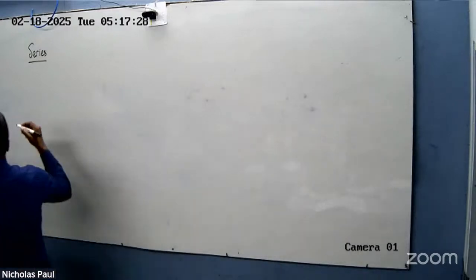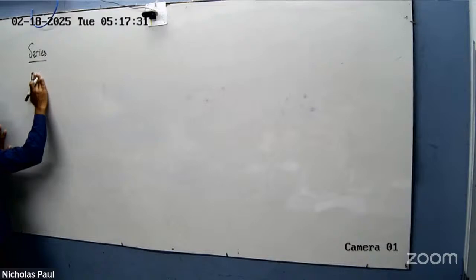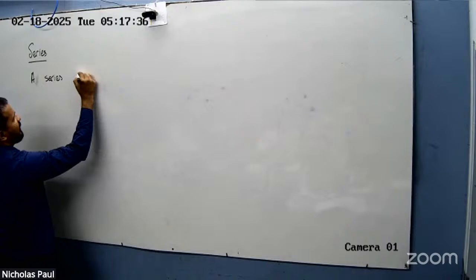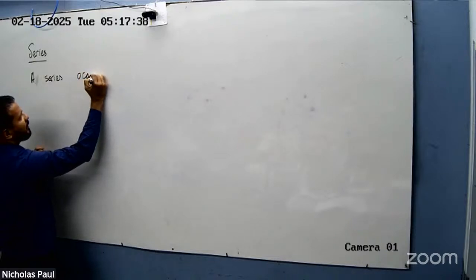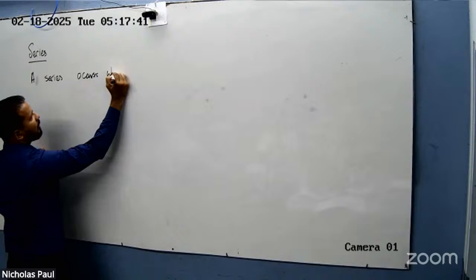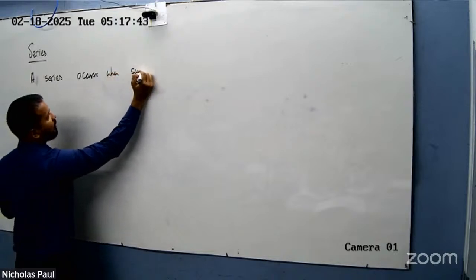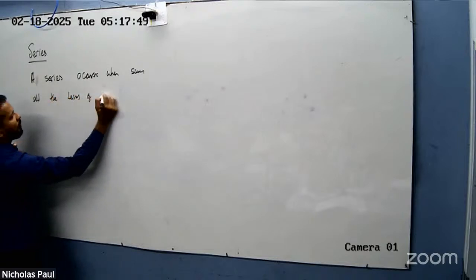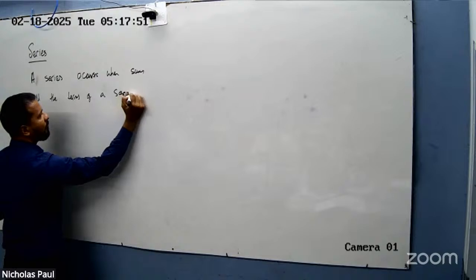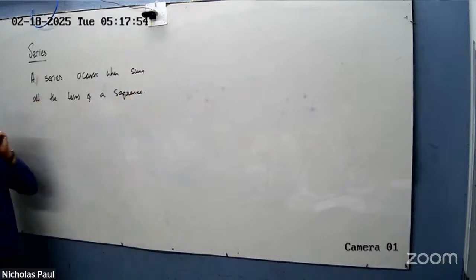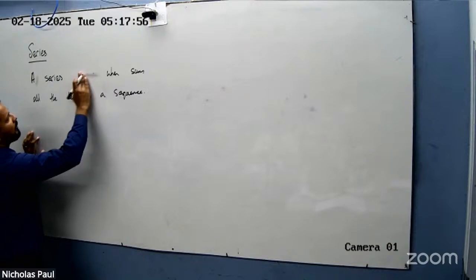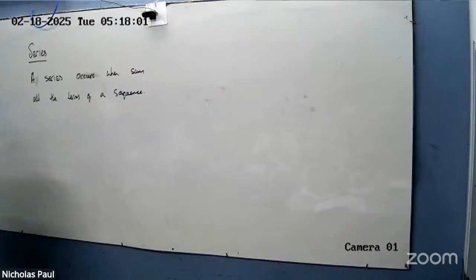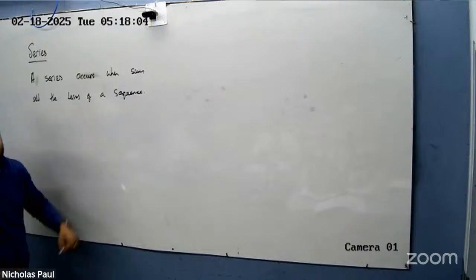All right. So a series basically occurs when we sum all the terms in a sequence, we end up with a series, right?